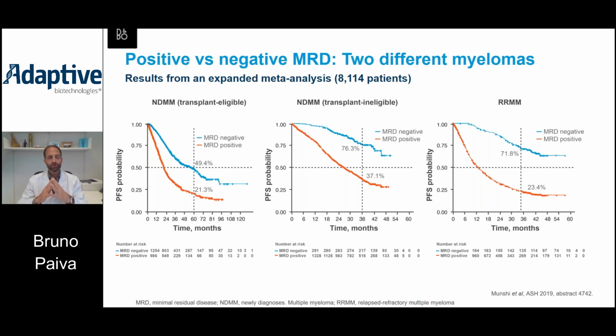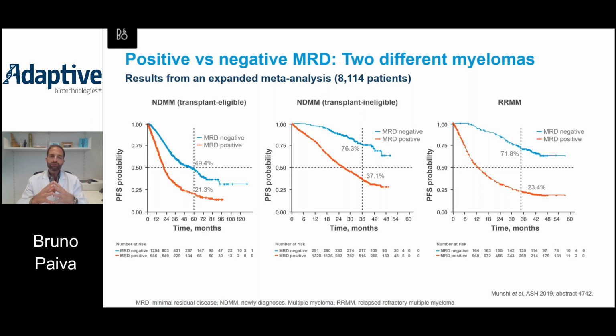And this has been shown in all disease settings, transplant eligible, transplant ineligible, particularly after the advent of the former novel agents, bortezomib, IMiDs, and more recently in relapsed refractory myeloma with the new range of highly effective drugs. Now, in this slide, we can see somehow a paradoxic result.